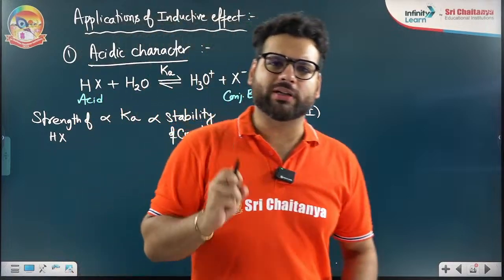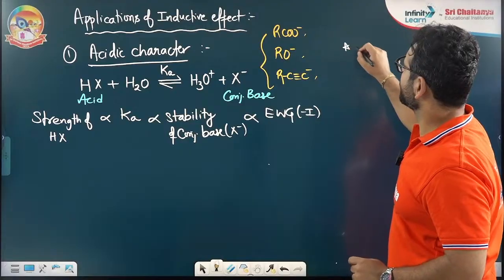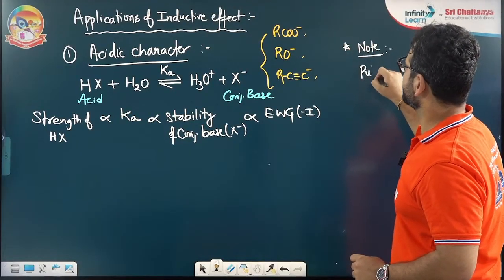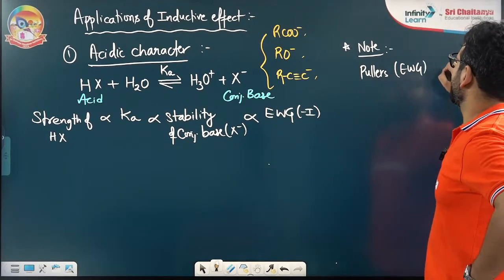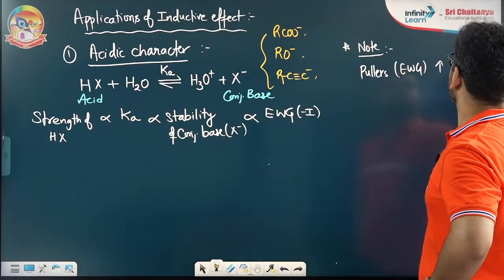So electron pullers make the acids better. Remember this as a note point you can mention. Pullers, means EWG, increase the acidic strength.